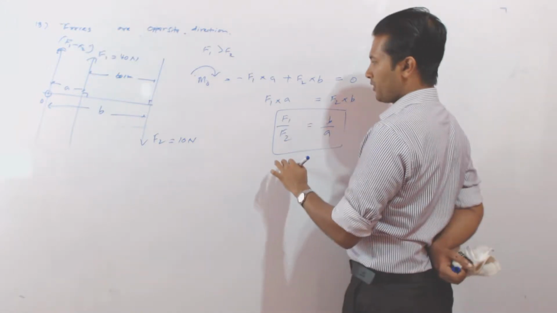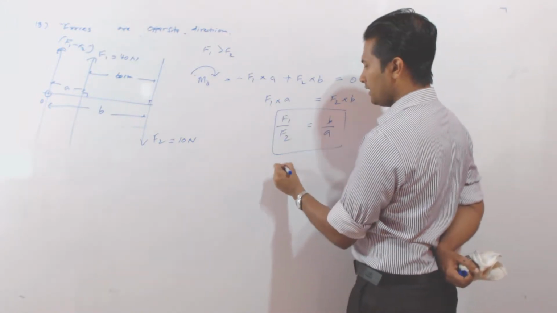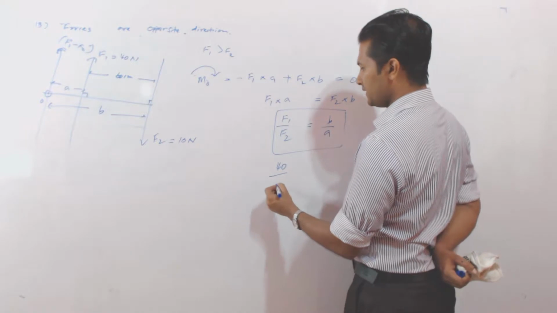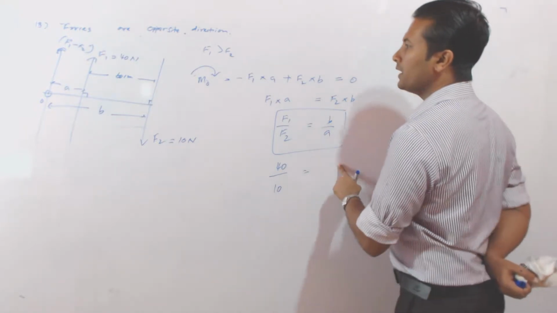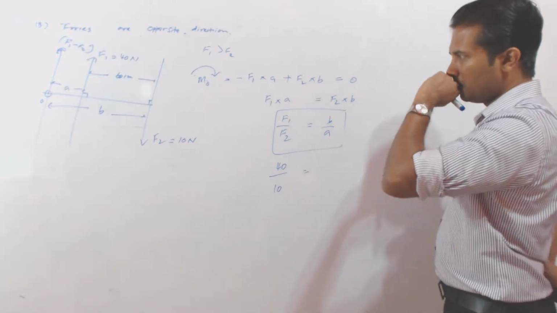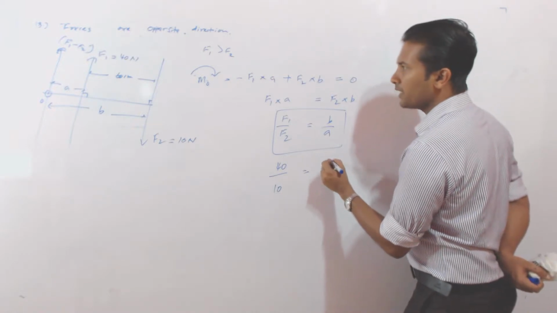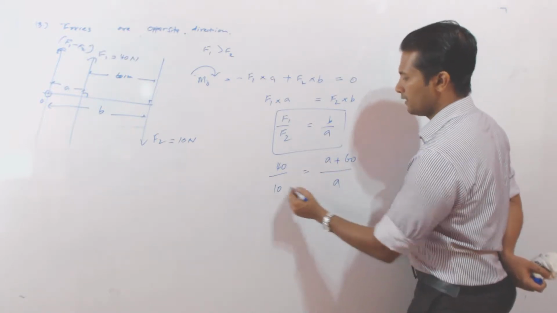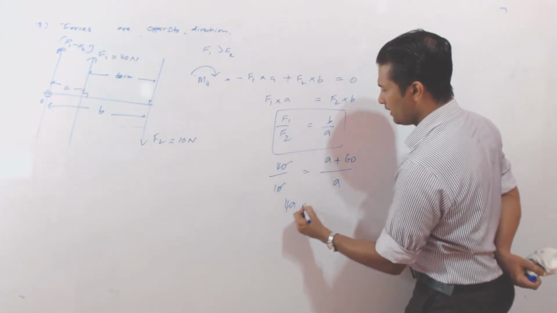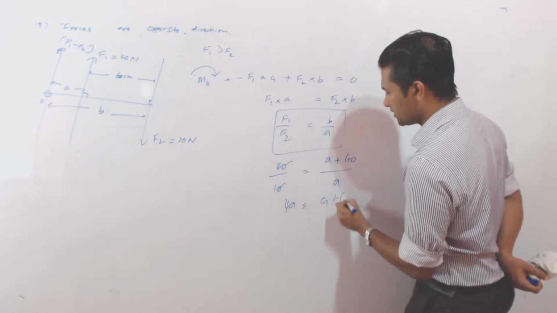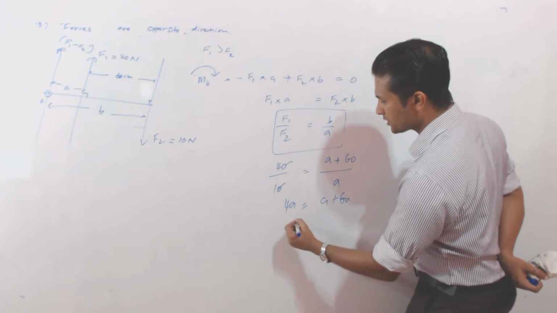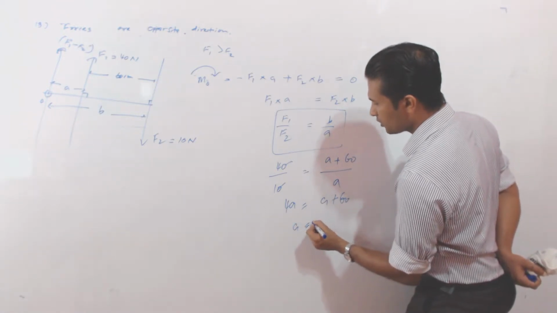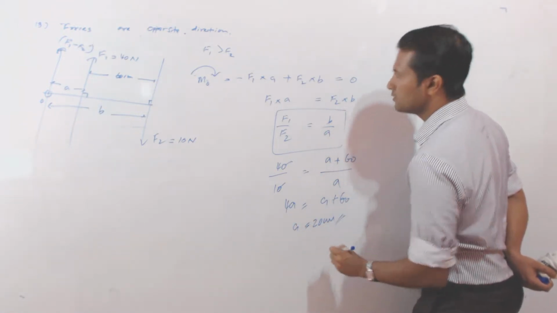So using the same procedure, F1 is 40, F2 is 10, B. So instead of B, we can take A plus 60 divided by A. So 4A equals A plus 60, which means 3A equals 60, A equals 20 centimeters.